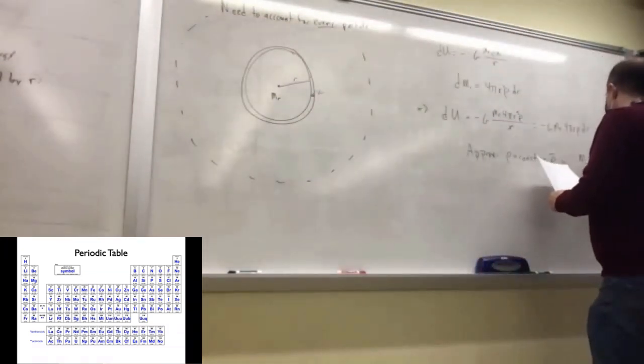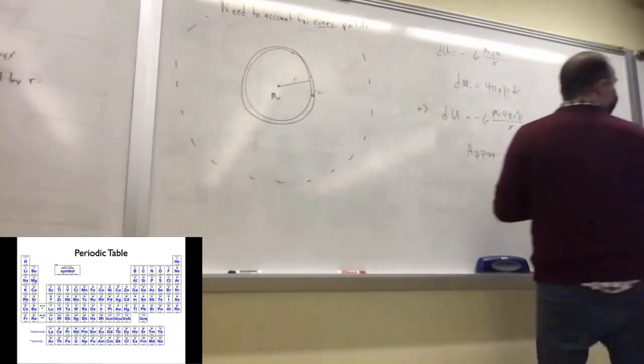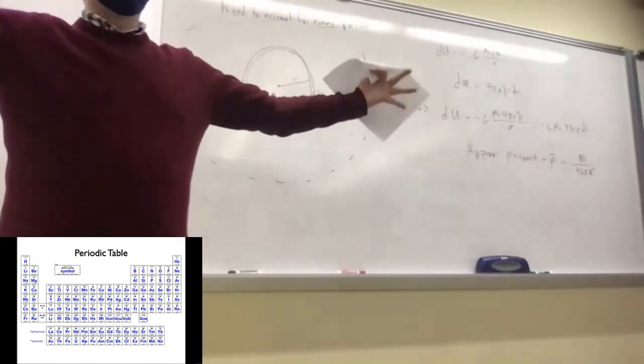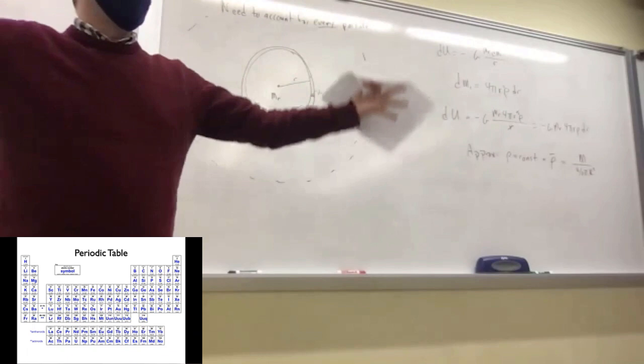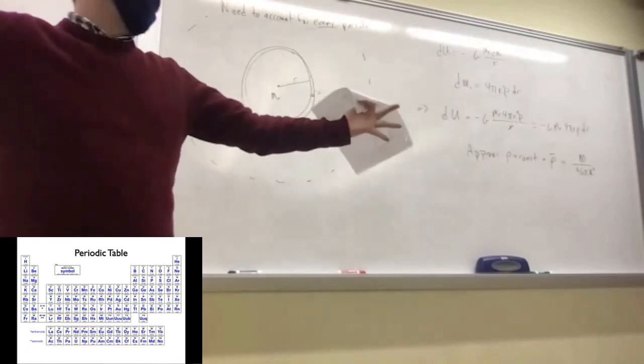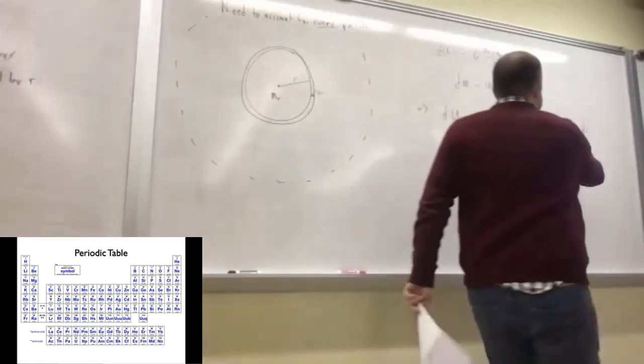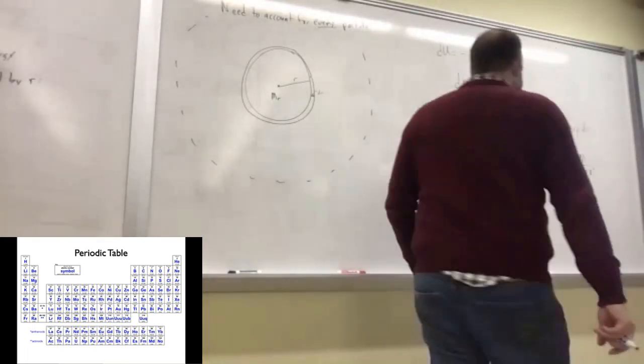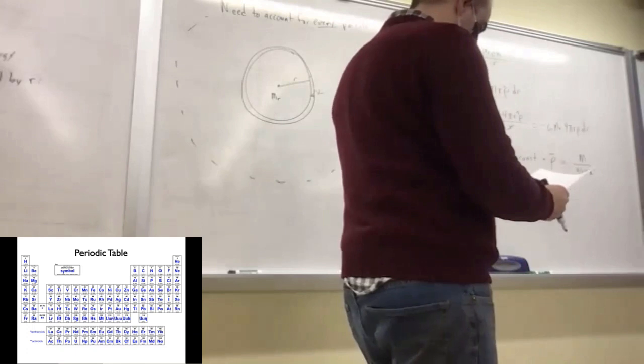This is going to be the total mass of the sun divided by 4/3 pi R cubed. Again, the capital R and the capital M says this is integrated out to the surface. This is the total radius of the sun and the total mass of the sun. And of course, 4/3 pi R cubed is the volume of the whole thing.